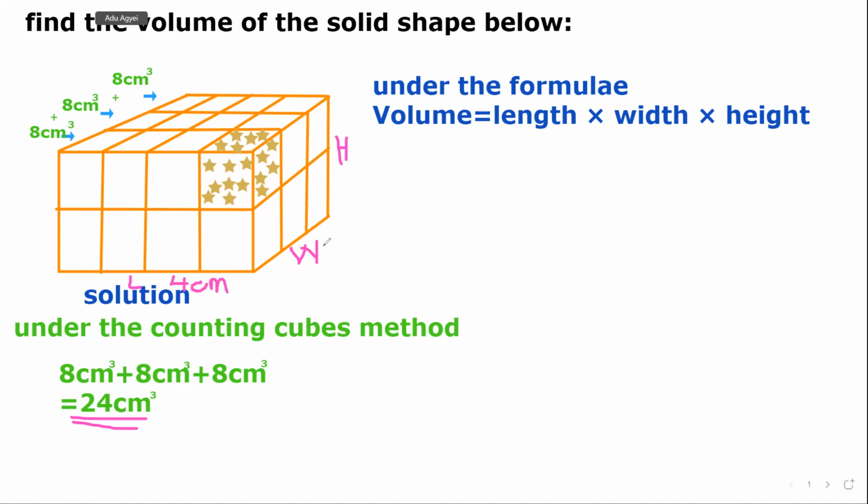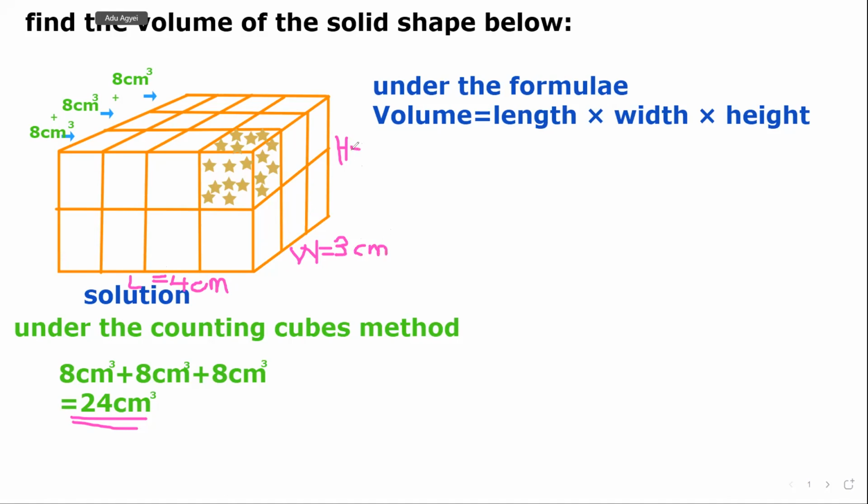Then you come to the width. The width here has also been divided into 1, 2, 3. So the width is also 3 centimeters.